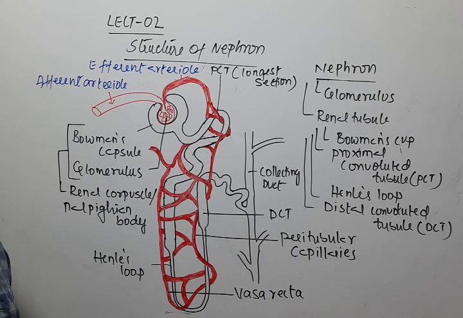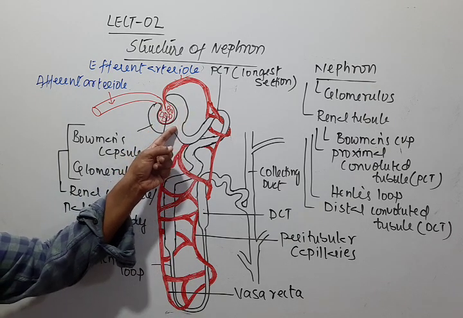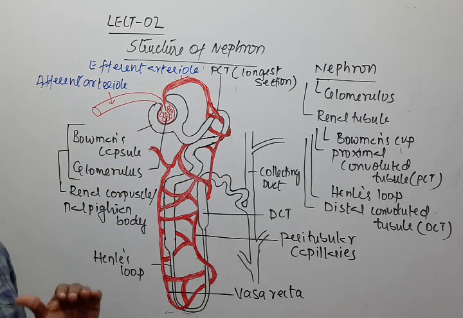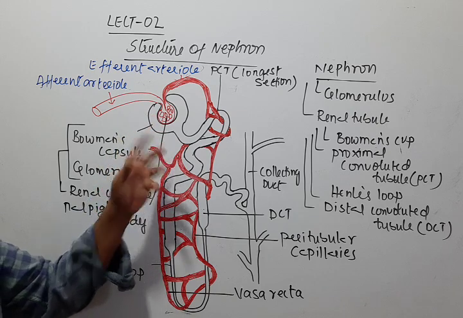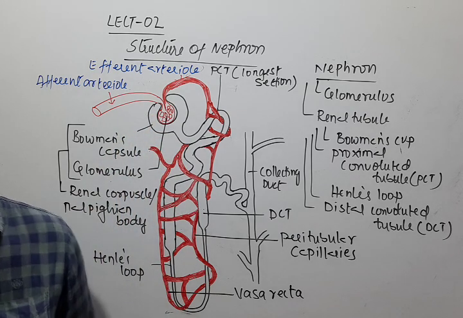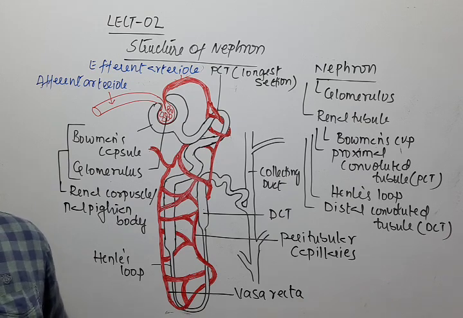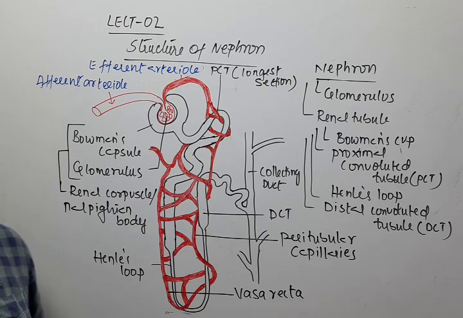After that, we will see in detail the structure of the nephron, even this part, the Bowman's cup inside which the glomerulus is present. What are all the layers and how it is organized, we will see in detail. So before that, we will see the small differences between cortical nephrons and the juxtamedullary nephrons.